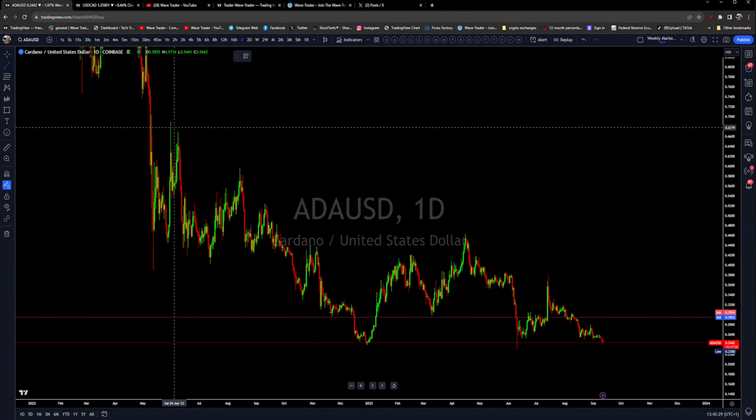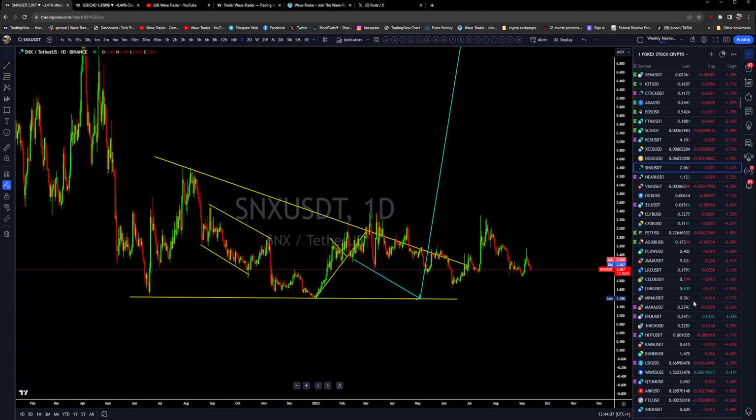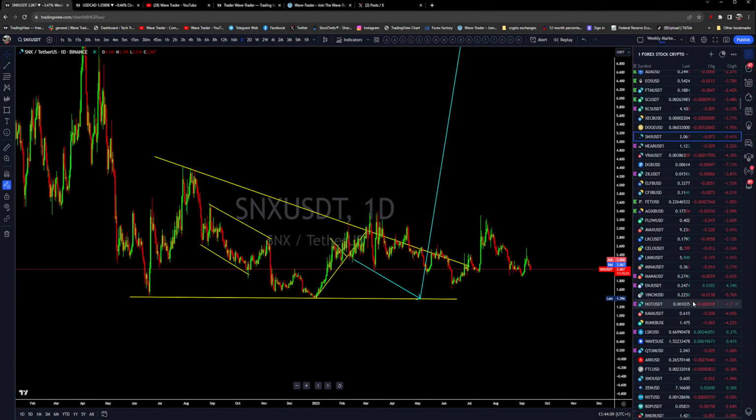You're paying attention at these lows, these areas. All right, I think enough. Almost all these coins are sitting at the lows, at new lows. So if you are interested, then pay attention.